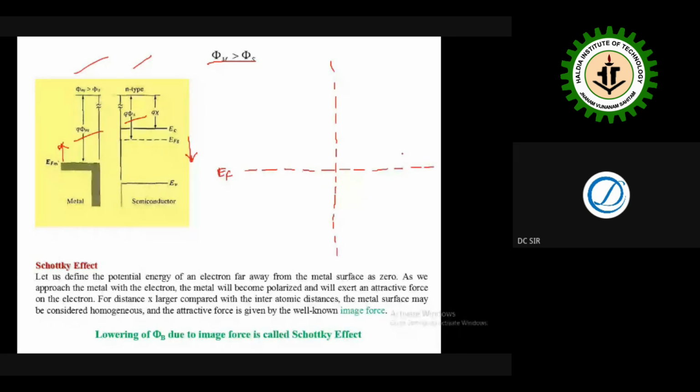The conduction band is closer to the Fermi energy level and the valence band is below the Fermi energy level.